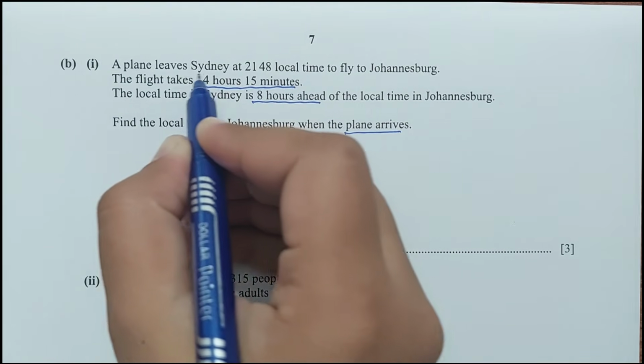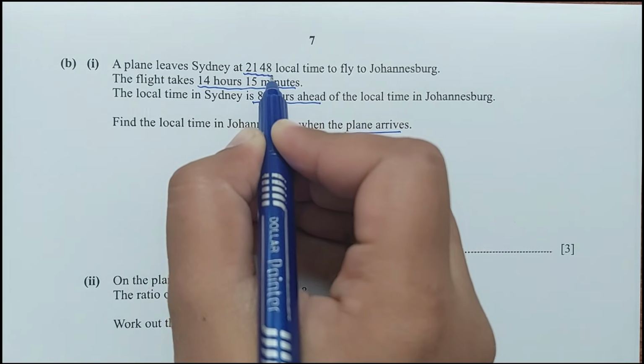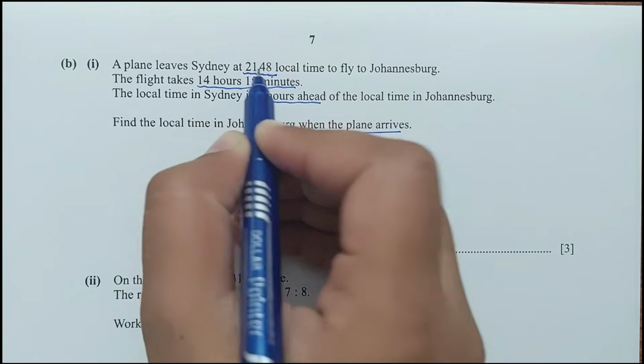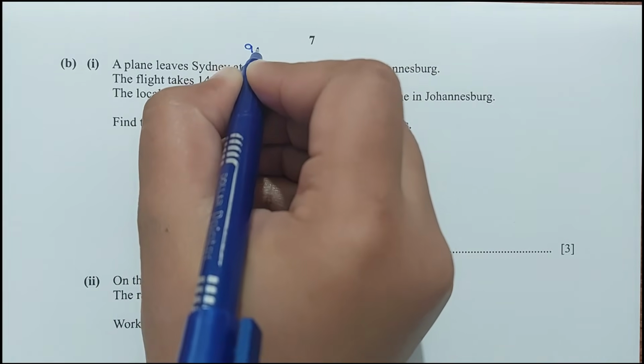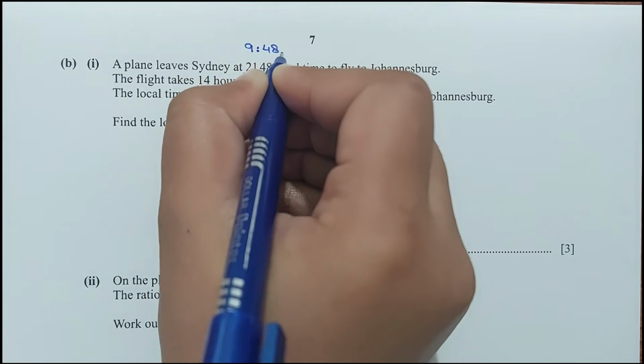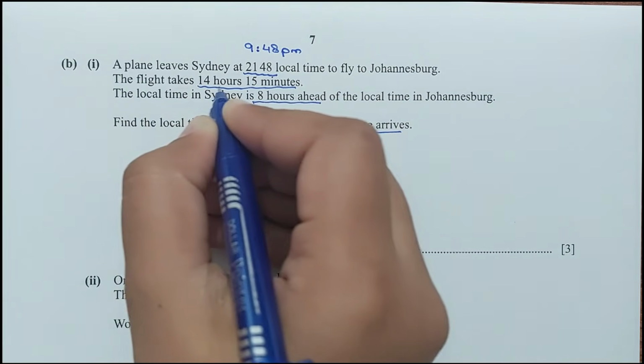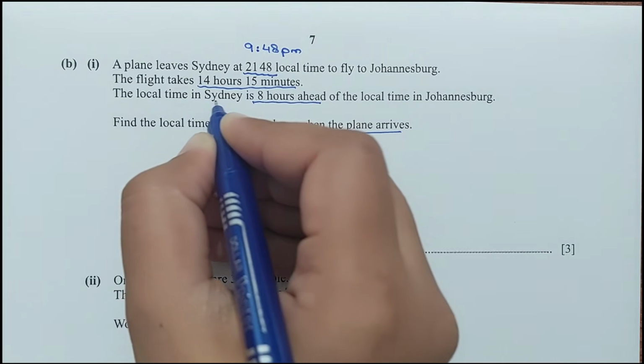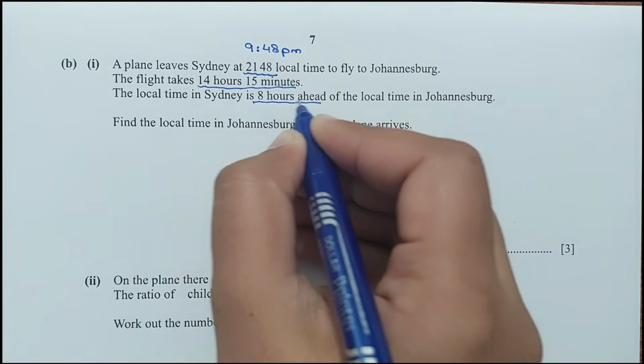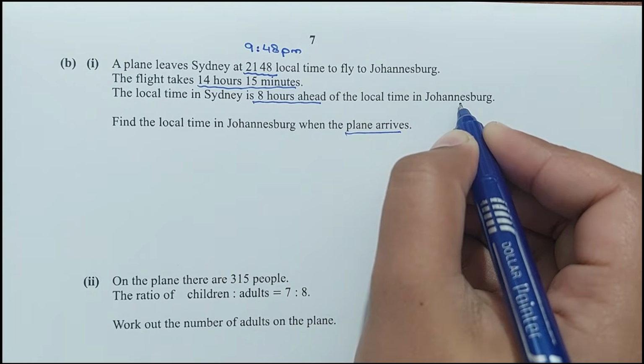Okay, the plane leaves Sydney at 21:48 local time, which is 9:48 p.m.